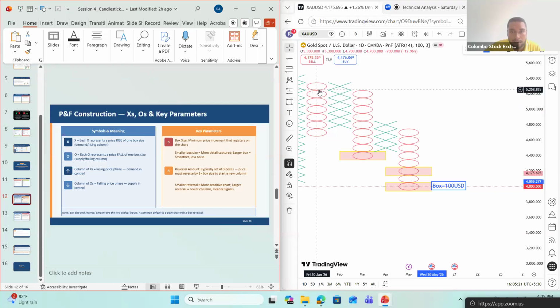Here, O means the price has gone down by 100. If you count 5 boxes, that means the price has gone down by 500 USD, and if you count 5 X's, then the price has gone up by 500 USD.